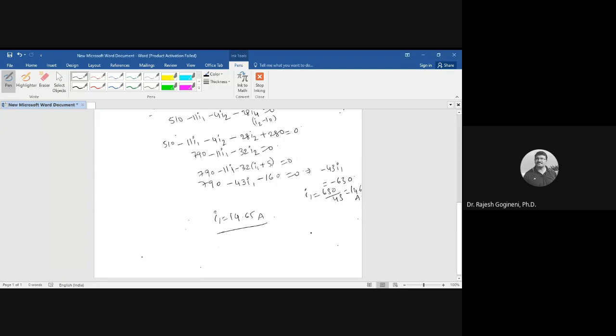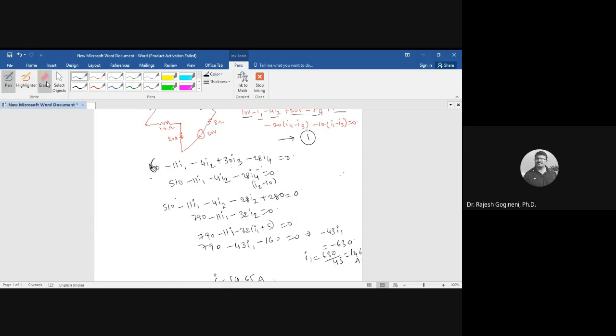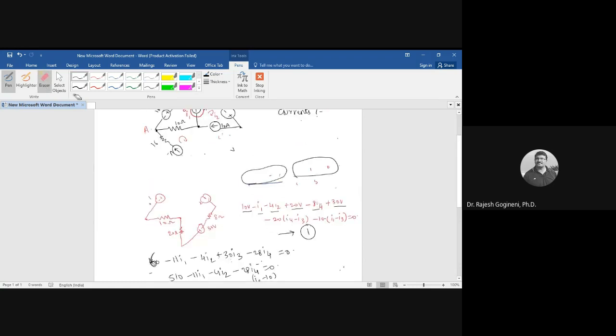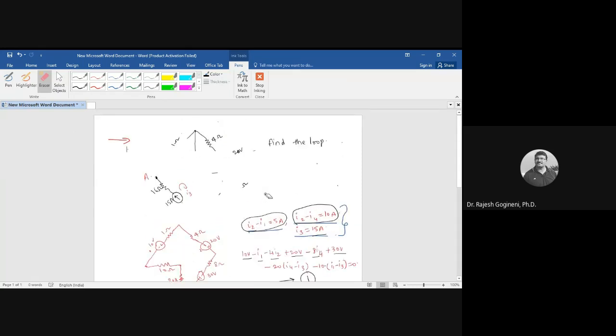I1 is 14.65 amperes. So next we will go to the next concept of our network analysis, that is graph theory. It's called network topology, or the other name for this is graph theory.